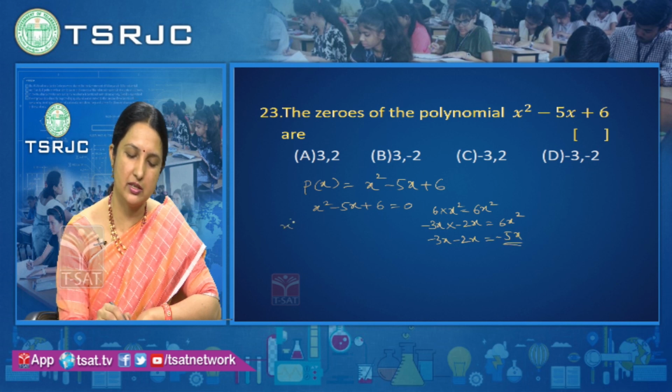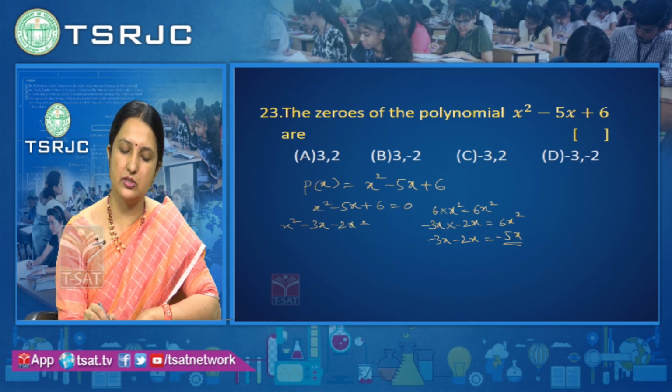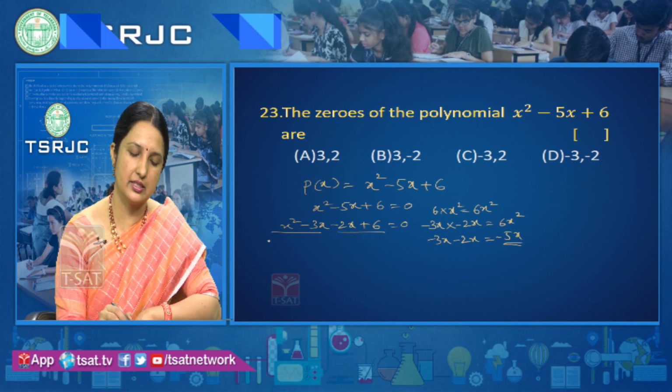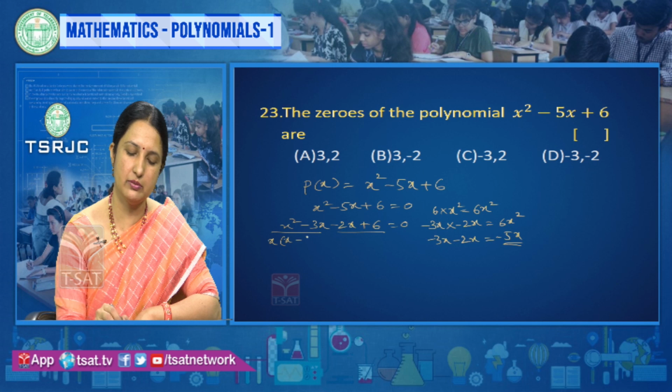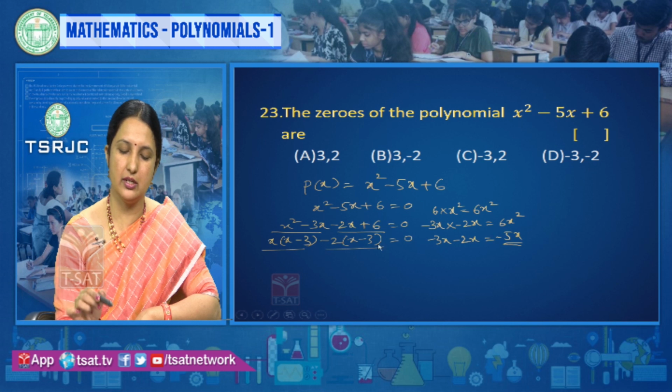So the middle term can be split in the form of minus 3x and minus 2x. So in the first 2 terms and in the next 2 terms, what is common there? We'll see. x is common in the first 2 terms. So x minus 1 came. In these 2 terms, minus 2 is common. When you take that out, you will get x minus 3. In these 2 terms, x minus 3 is common, that you bring out, then what is left? x minus 2 is left.